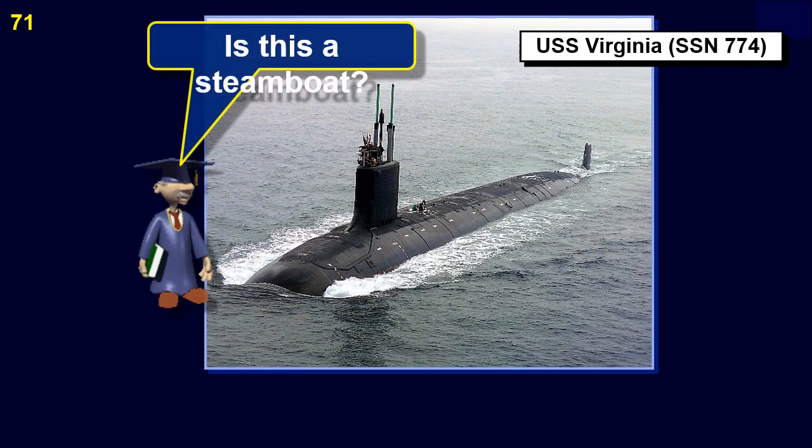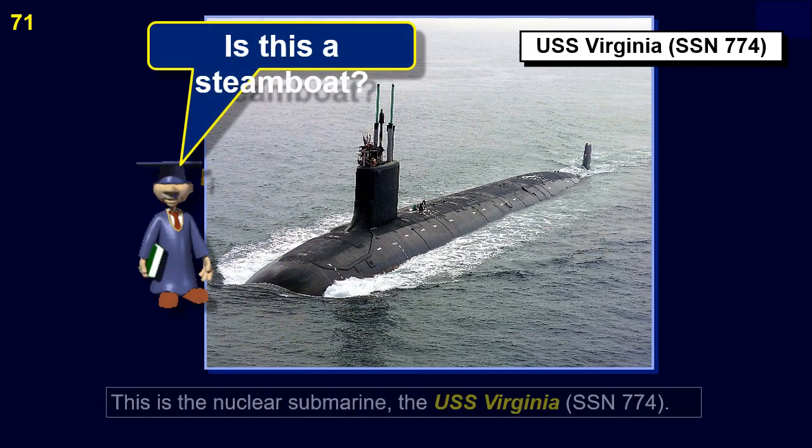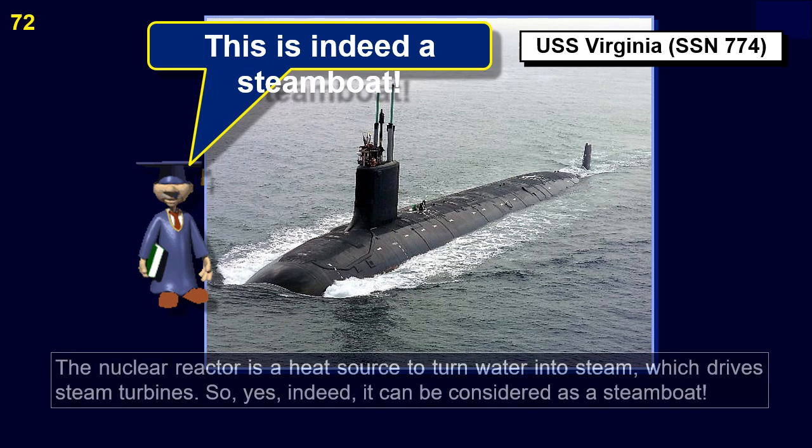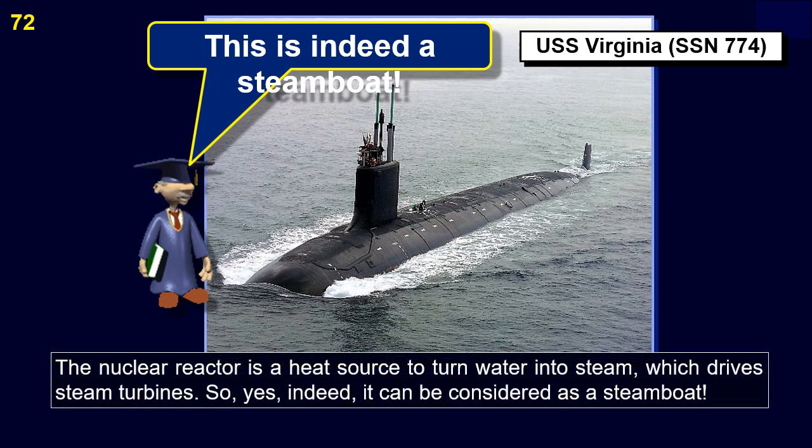This is the nuclear submarine, the USS Virginia, SSN 774. The nuclear reactor is a heat source to turn water into steam, which drives steam turbines. So, yes, indeed, it can be considered as a steamboat.